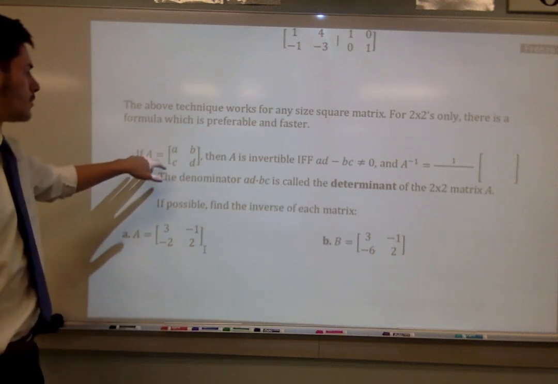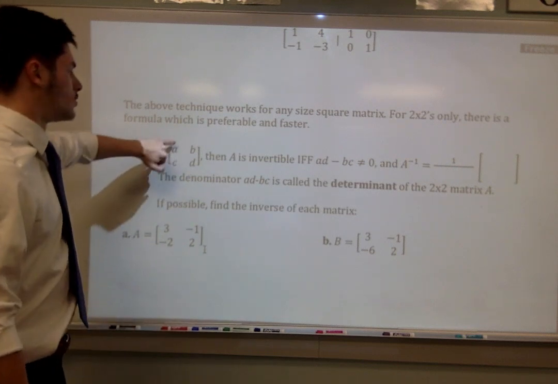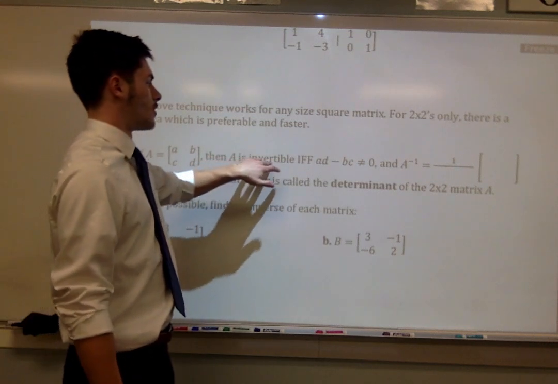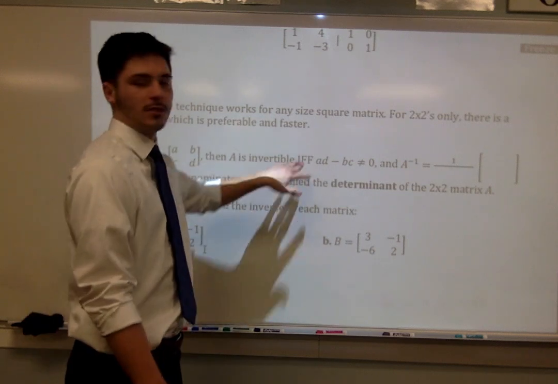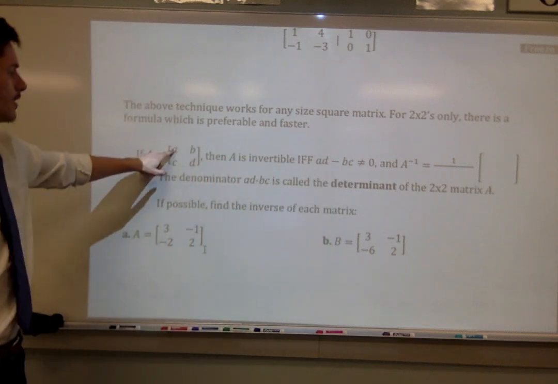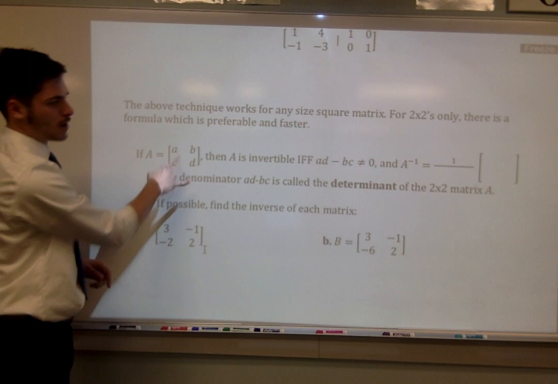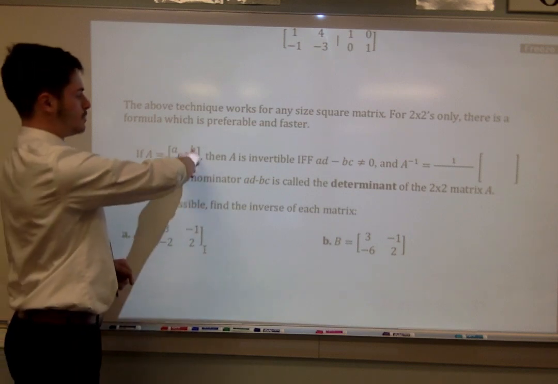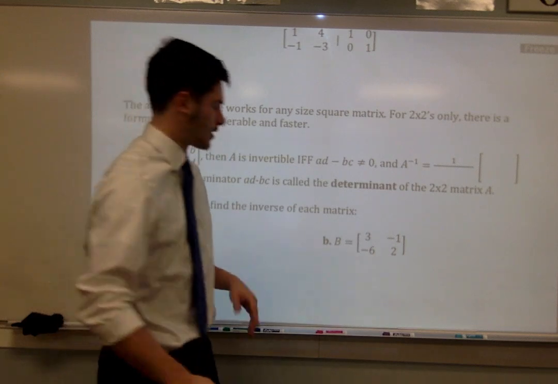So if A equals the matrix A, B, C, D, so if a matrix is a 2 by 2 matrix, then A is invertible, so it has an inverse, if, which means if and only if, AD minus BC, so the product of A and D minus the product of B and C, is not equal to 0, and we'll see why in a second.